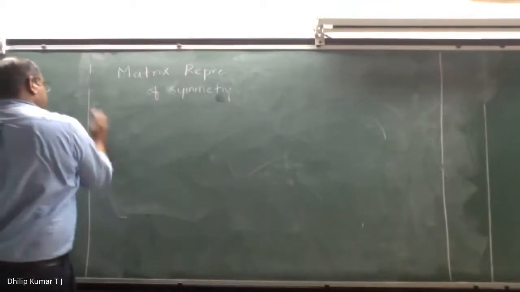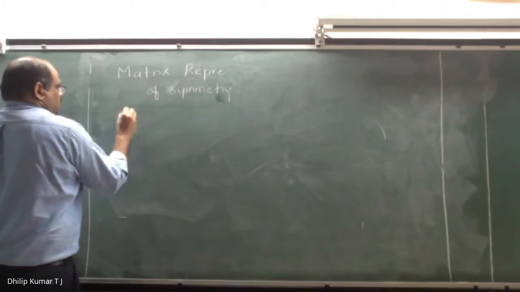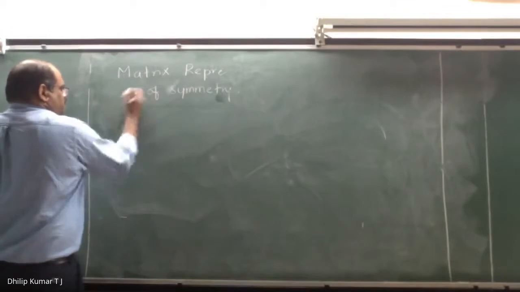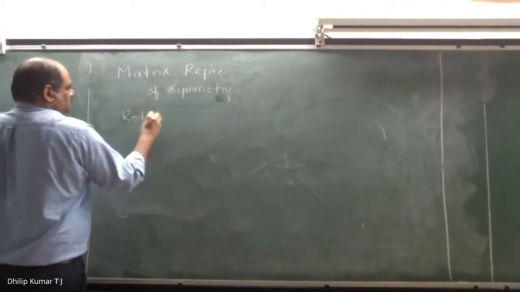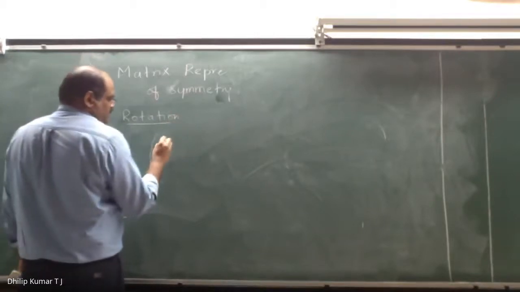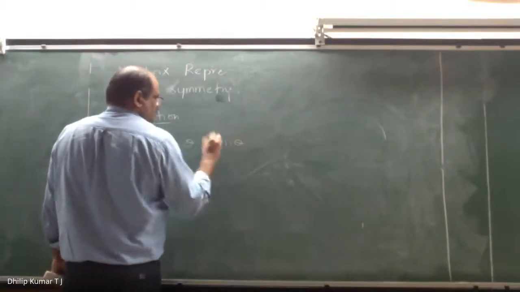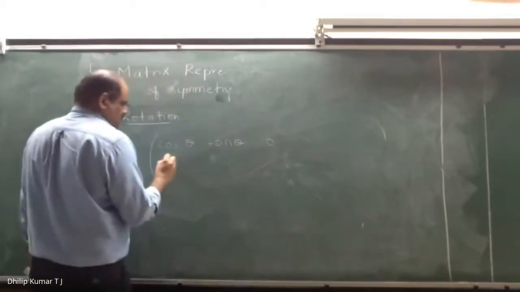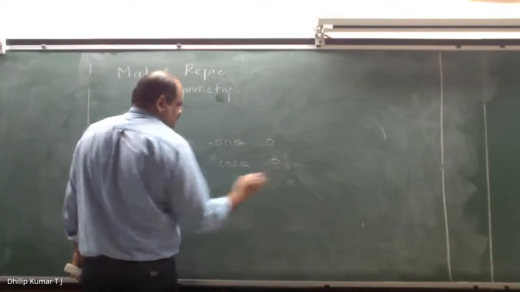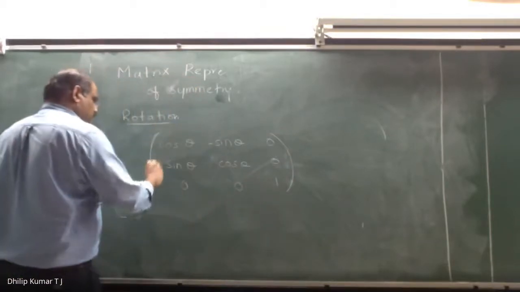I'll give the answer first before I derive this. For the rotation, any line you can say Cn or rotation, it will be written as cos theta, minus sin theta, 0, sin theta, cos theta, 0, and so on.